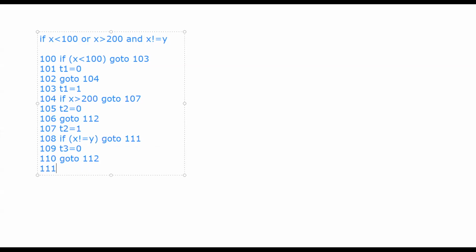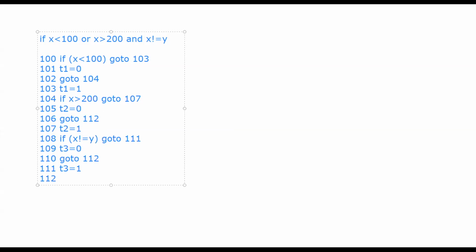Right? At 111, T3 equals to 1. Fine. If x is not equals to y, go to 111, that is T3 is equal to 1. If x is not equals to y is false, then T3 is equal to 0 and go to 112.